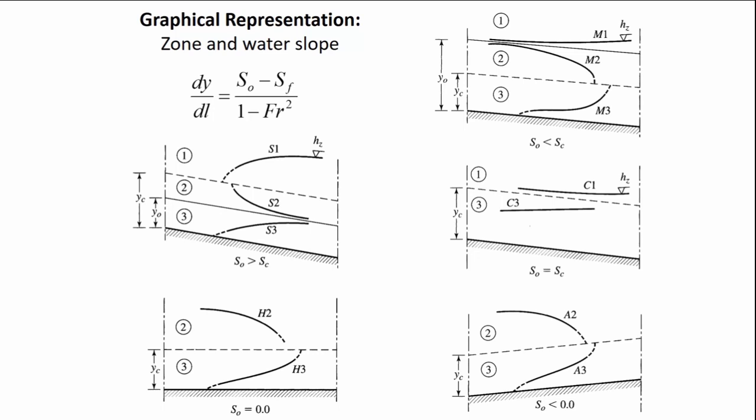And then in an adverse profile, when the water is flowing uphill temporarily, it can be an A3 profile, meaning that it's getting deeper, an A2 meaning it's getting shallower. But again, there's no normal depth for uphill flow. So that's why we only see a single line in both the horizontal and adverse slopes.